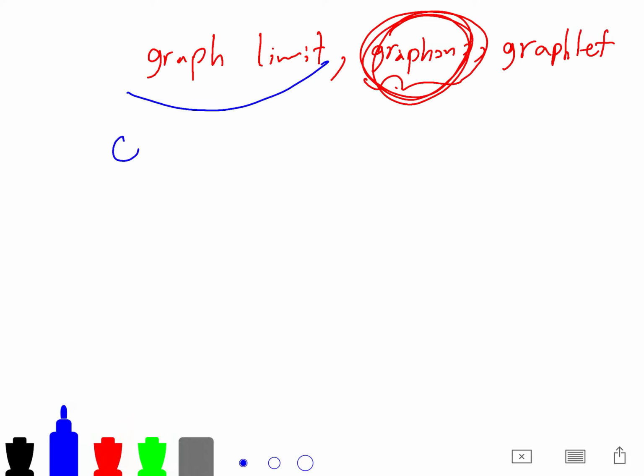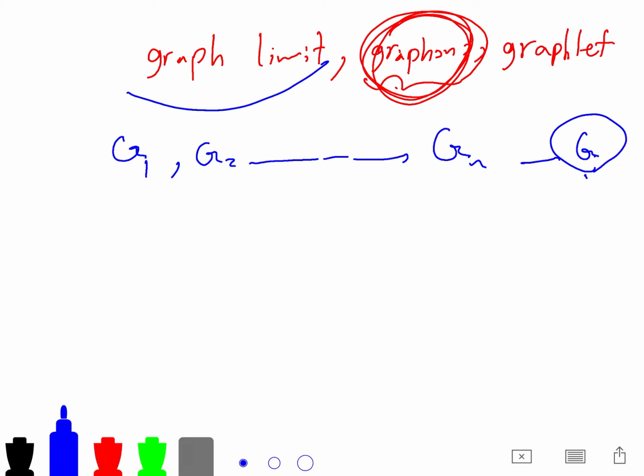We need graph limits. For example, you have G1, G2, and the graph converges to some limit G. And so these technologies and paradigms are already discussed in combinatorics and mathematical departments, but unfortunately computer scientists are not aware of these important new paradigms that are essential for the future of artificial intelligence.